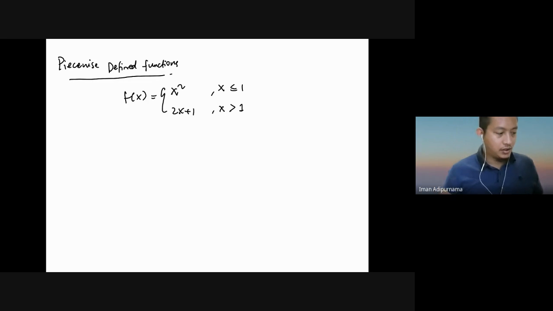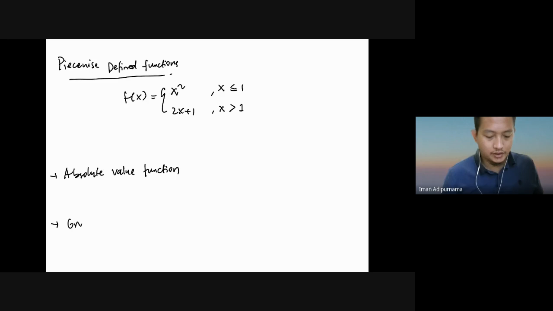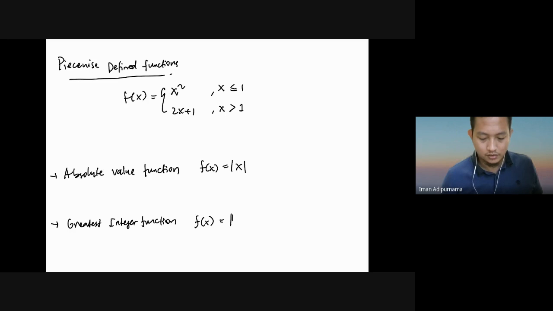And also the absolute value function and the greatest integer function. This is f of x, and this is the greatest integer. I will explain the absolute value and the greatest integer next week.